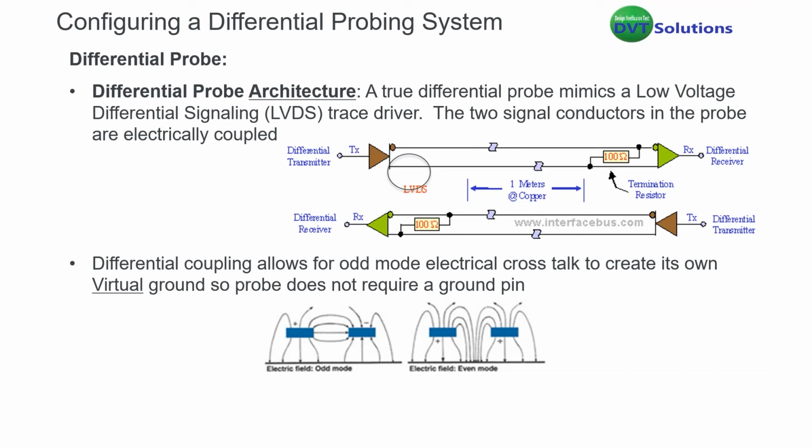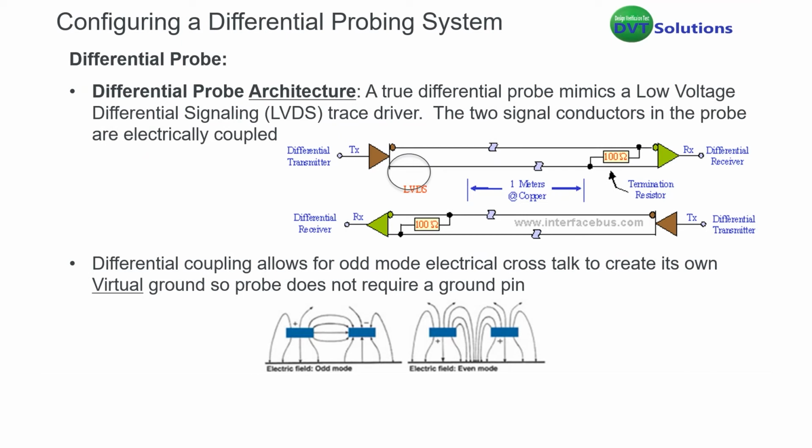In this slide set here, I have an example of what an LVDS interface might look like. You've got your differential transmitter, your receiver. We had to develop a probe to measure the impedance and the S parameters of this transmission line according to the specifications of the drivers.